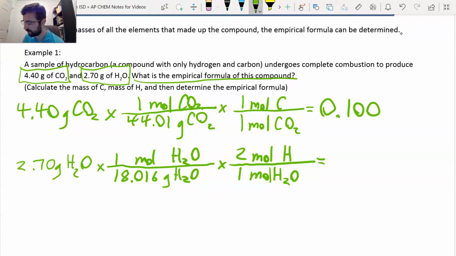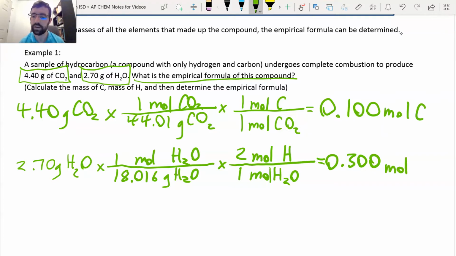And then I have 2.70 times 1 over 18.016 times 2 over 1, and I end up with 0.2997, which to 3 sig figs is 0.300. All right, and this is moles of carbon. This is moles of hydrogen.